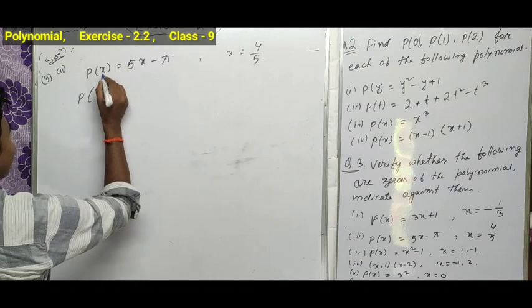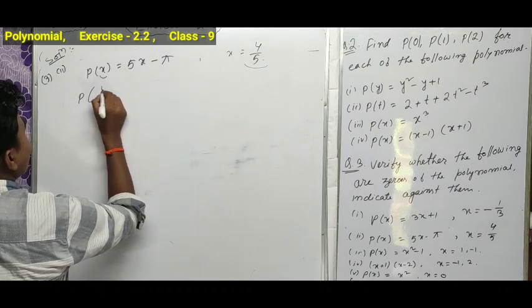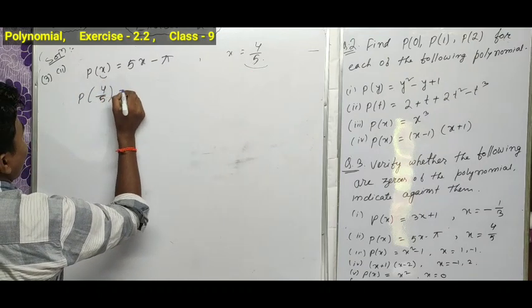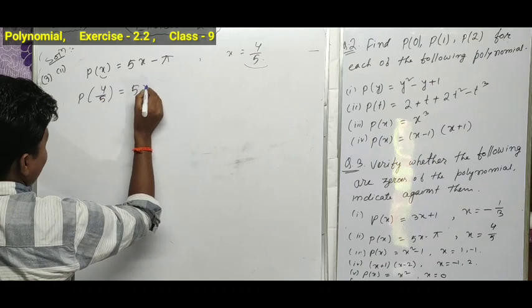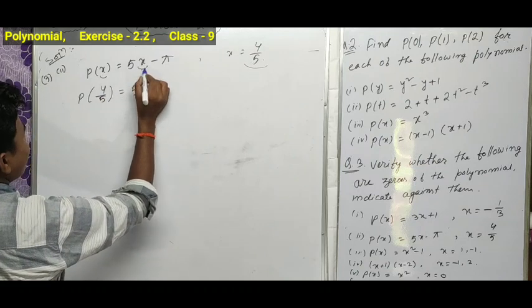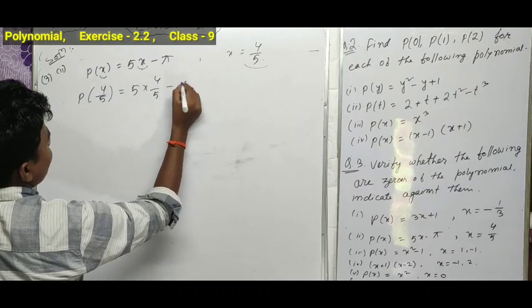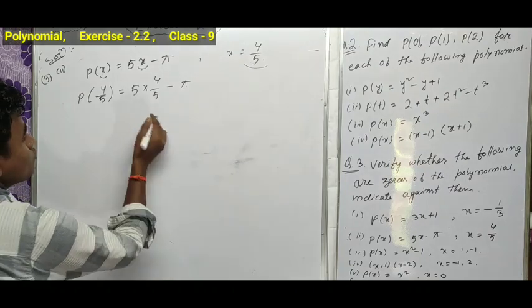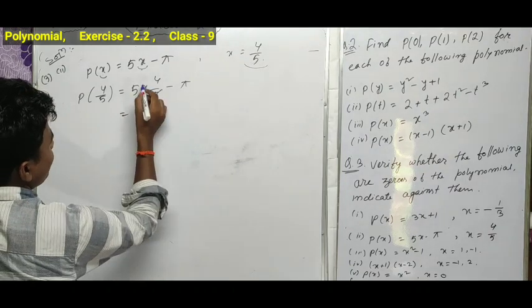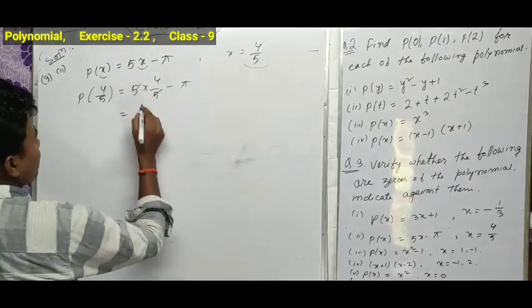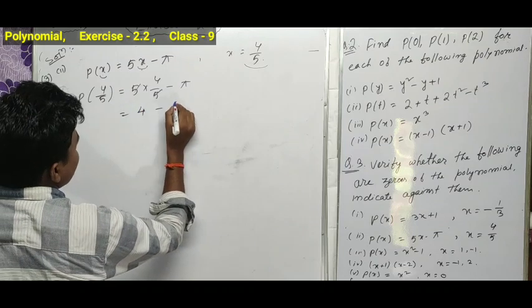See, in this x we will write this one, 4 by 5. And you can see this 5 into, in place of this x we will put here 4 by 5, and minus pi is there, we will put here minus pi. Okay, so you can see this is lower portion, this is upper portion, same thing we can cut there. What left? 4 and minus pi.